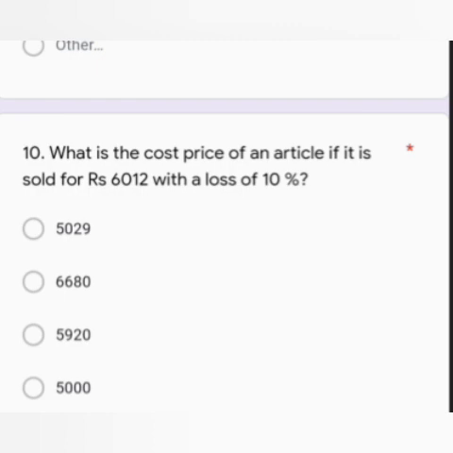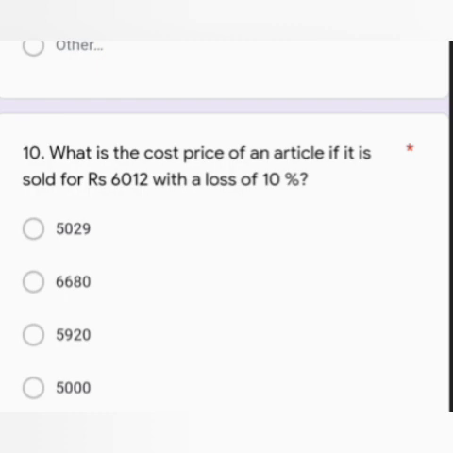See here, CP is not given. So let us say that CP is X and loss is 10%. That means X minus 10% of X will give you SP. SP is always CP minus loss.